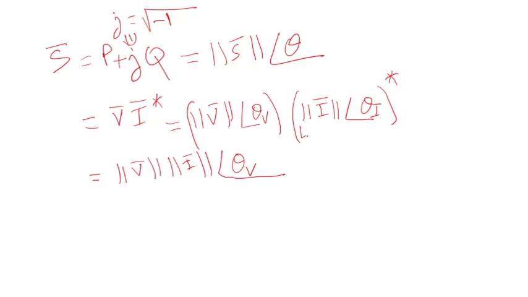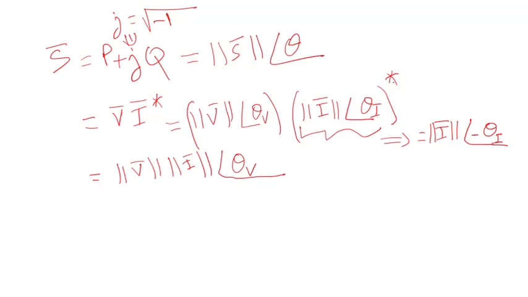One thing before I do that, this here with the conjugate is equal to, basically the magnitude does not change, but for the angle you stick a minus sign. So you put the inverse of the angle basically.